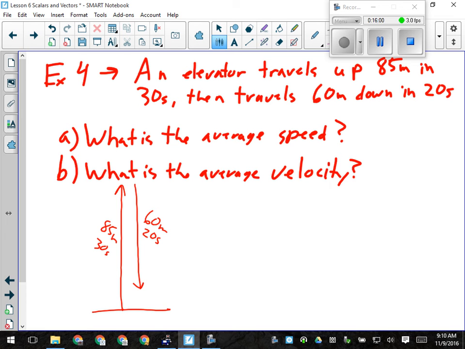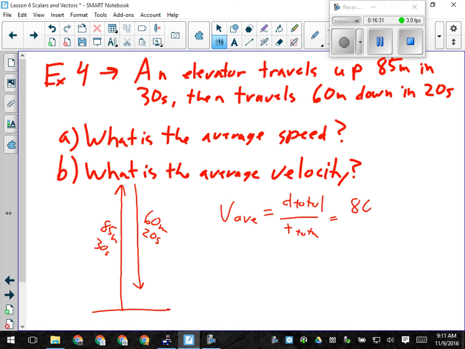All right, if I want to find the average speed, what two things do I need? Distance and time. I need in particular the total distance and total time for this trip. Well, he went 85 and then 60. That means 145 meters, agreed? So the total distance traveled. Average speed is total distance over total time.